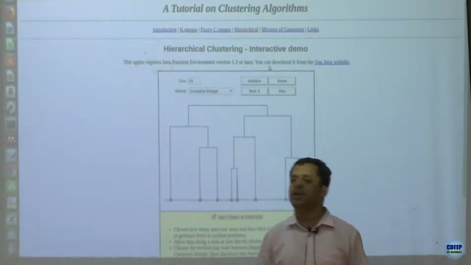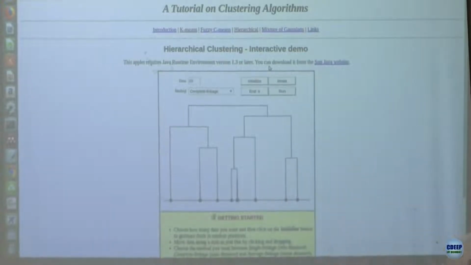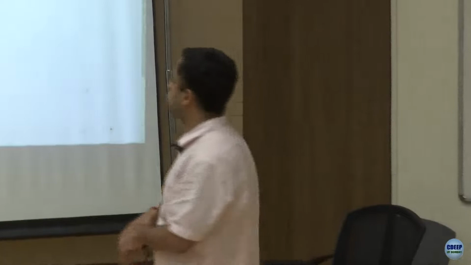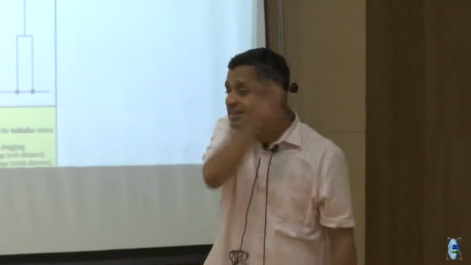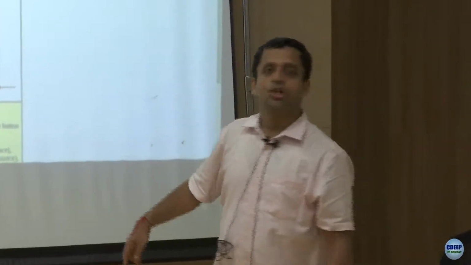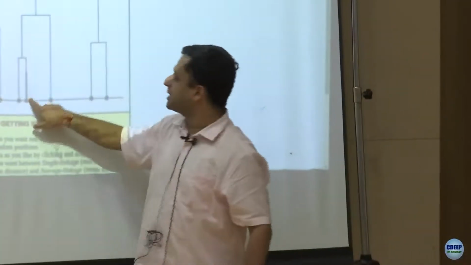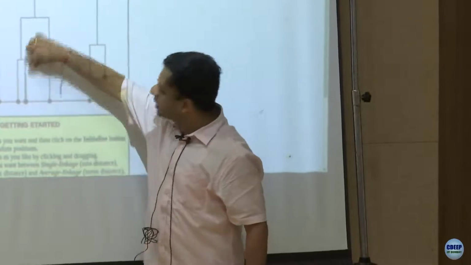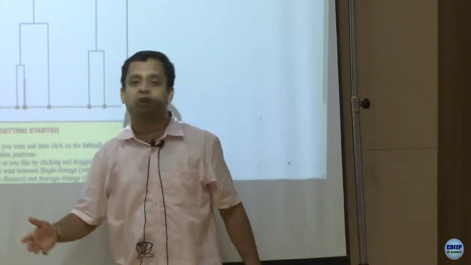So what you are basically doing is computing pairwise similarities or pairwise distances, sorting them, and picking the closest ones to come together, except that the sorted list will keep getting updated. For example, once I merge these two, they become a candidate to be further merged.